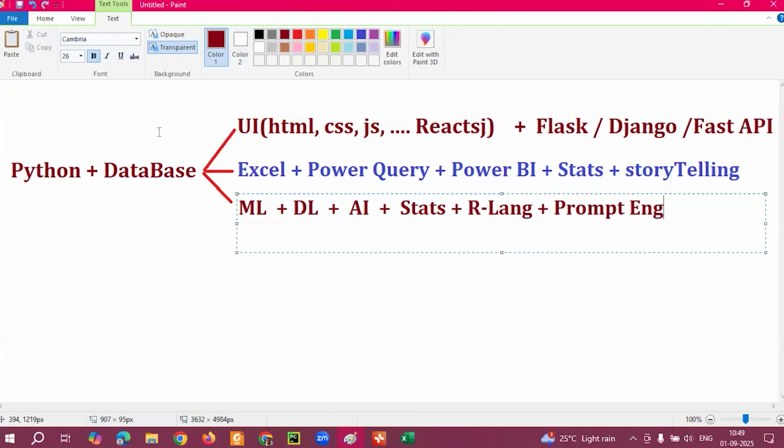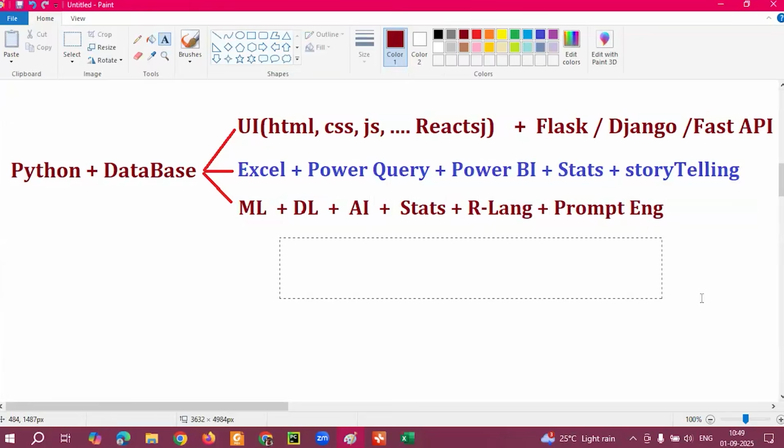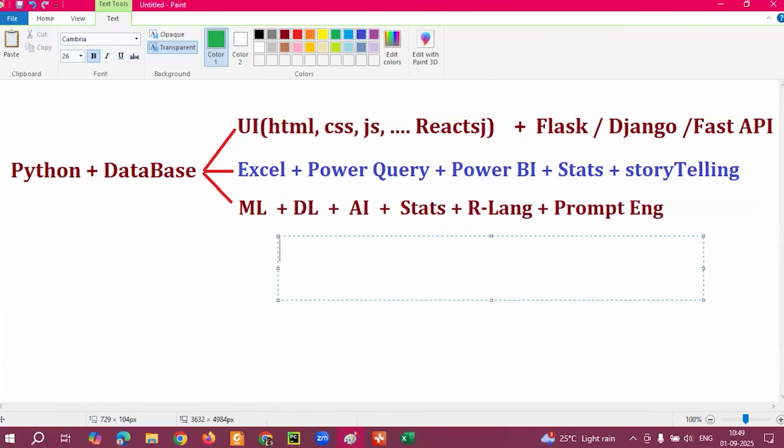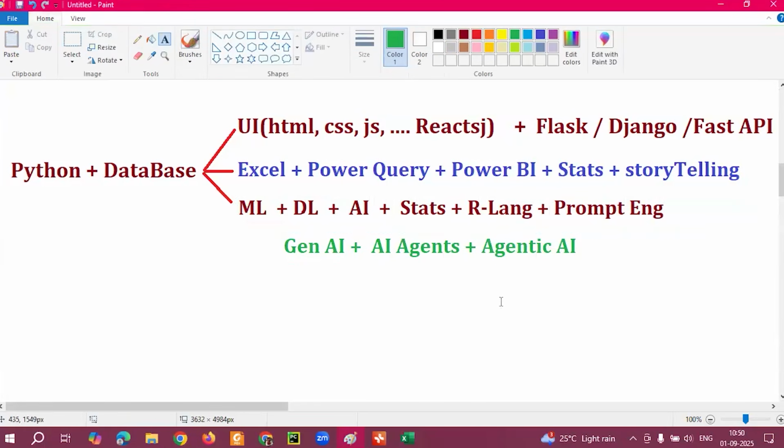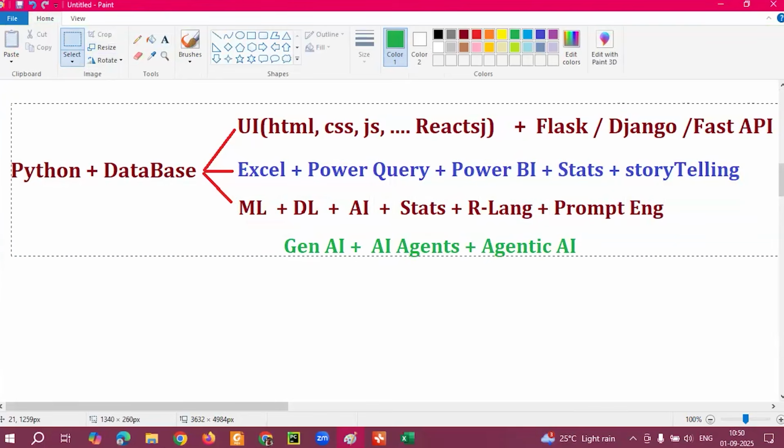These things are basic level. If you want to go for advanced level, then you need to focus on generative AI plus AI agents, agentic AI. These things you have to learn. Generative AI, AI agents, agentic AI, right? So this is your basic course related information, guys.